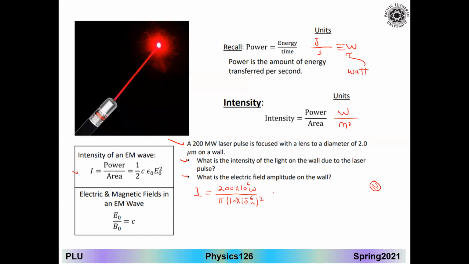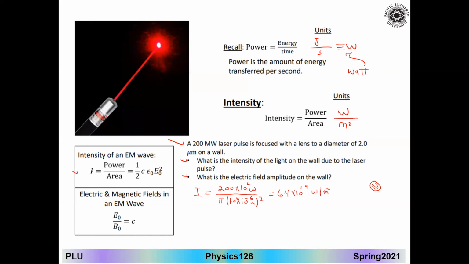And don't forget the square here. And this number here will be a very big number, 6.4 power to the 19. Intensity will be watt per meter square.